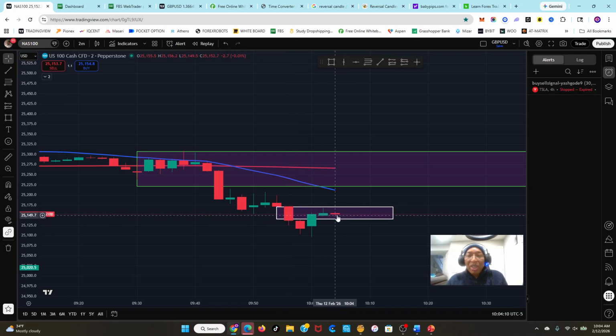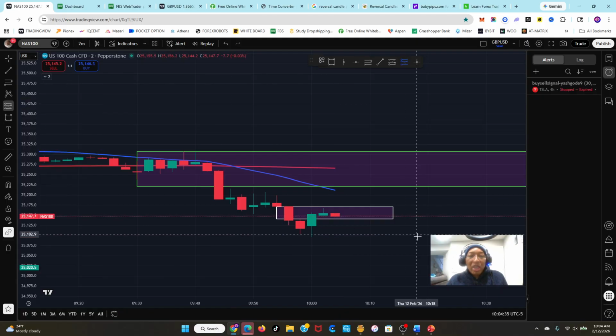So here we're trying to see if this will actually come in here and go out. If it goes down, then we can jump in this trade. Okay, we are using the 2-minute bar, to see if that's going to give us more opportunities than what we had last training. Last training we were using the 5-minute bar. So if this breaks out of this bar, we should enter a short trade.